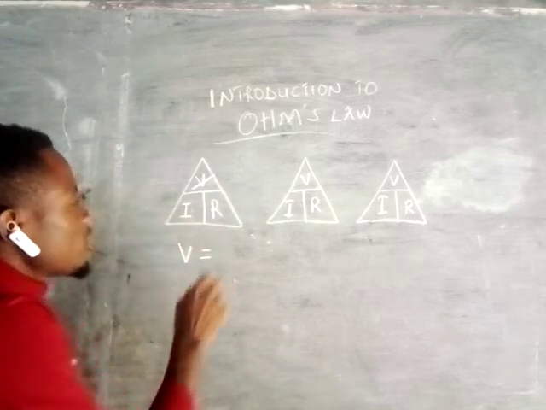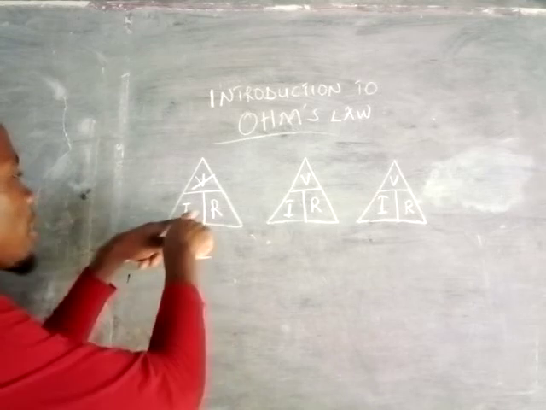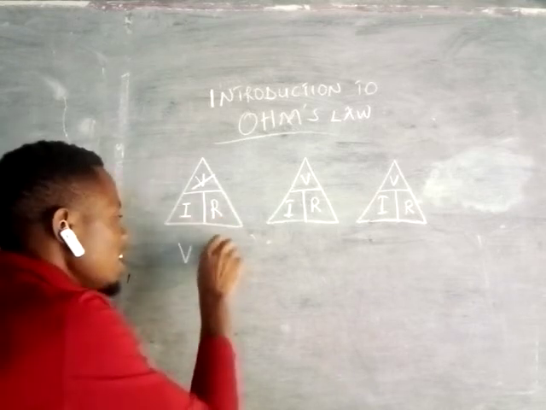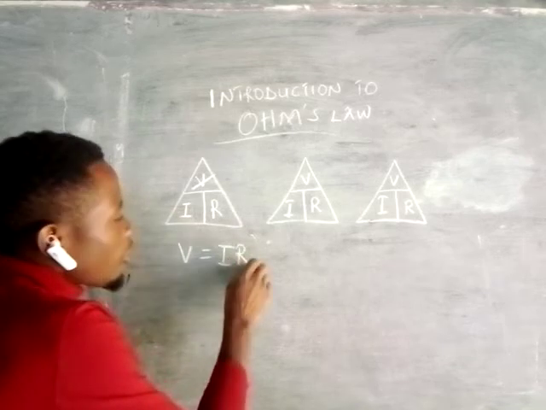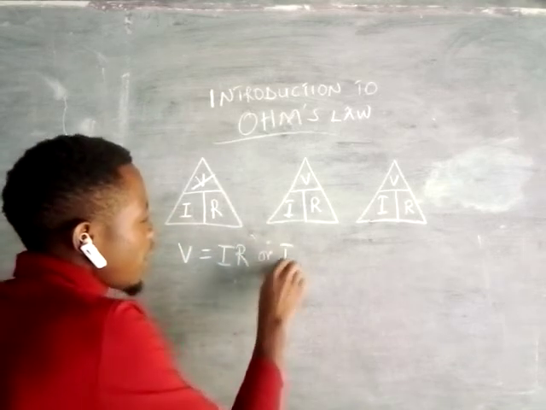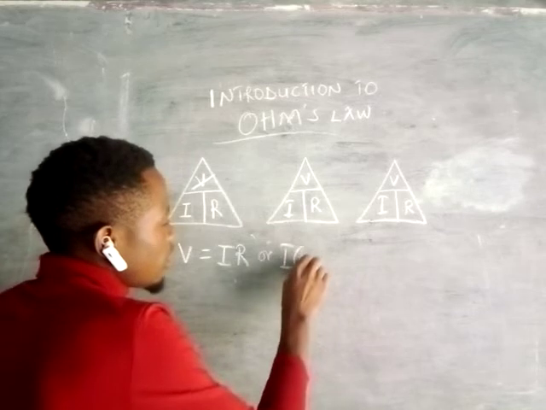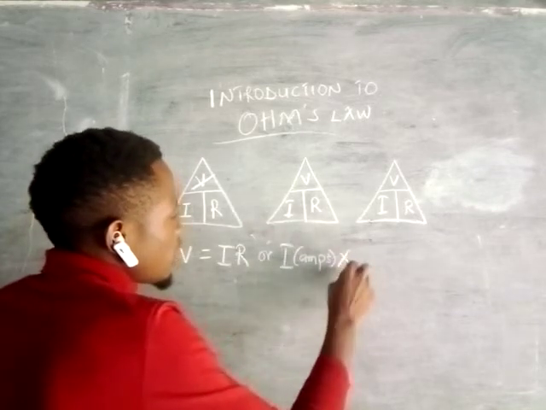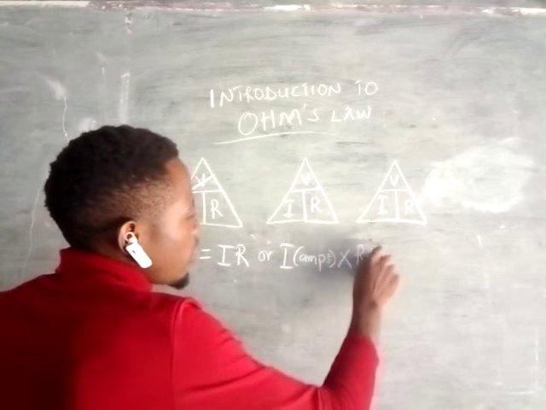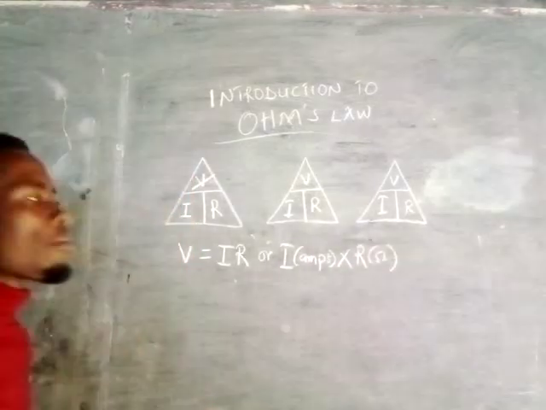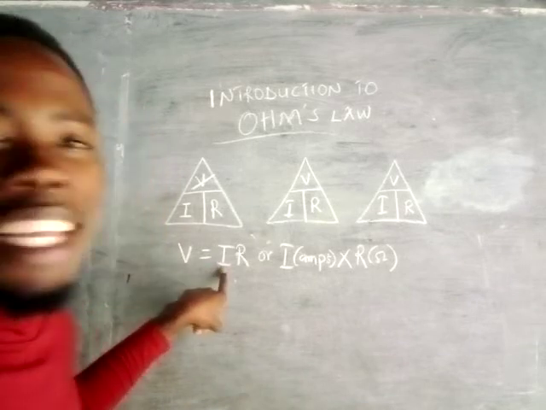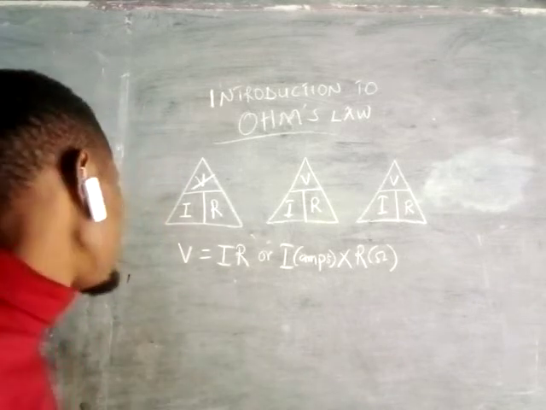Voltage equals, you cancel this one, you have remained with the I, then R. That is I in amps times R in ohms. That is voltage. Now the voltage is current times resistance.